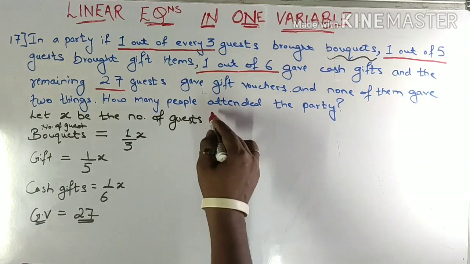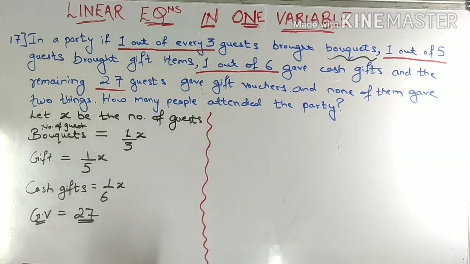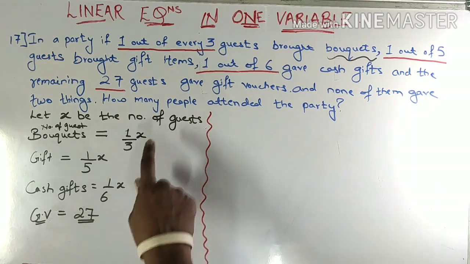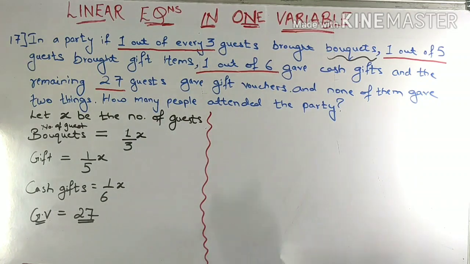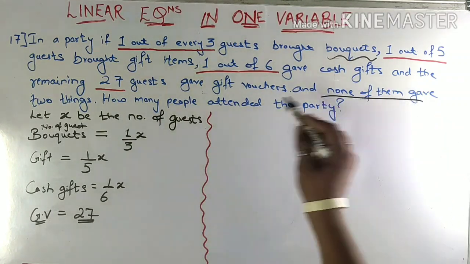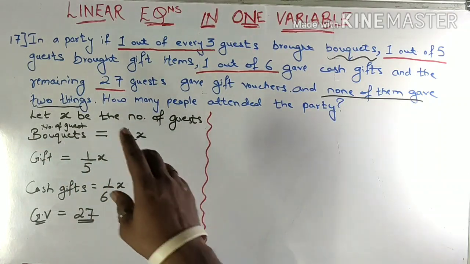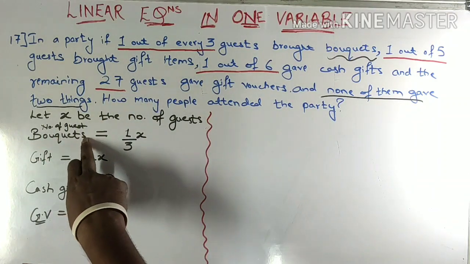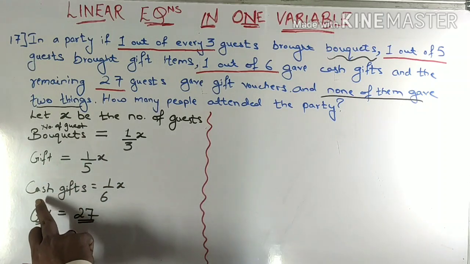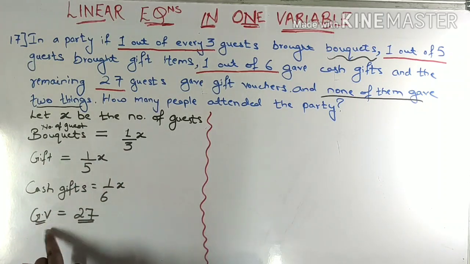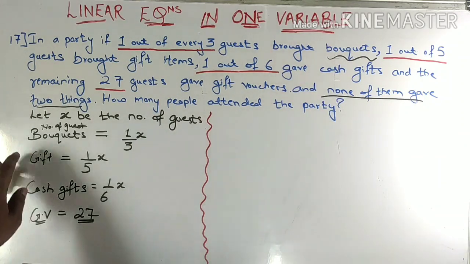So if x is the number of guests, and remember this condition, none of them gave 2 gifts or 2 things. That means the guests who gave bouquets, the guests who gave gifts, the guests who gave cash gifts, and the guests who gave gift vouchers did not give any other thing. They gave only one thing.